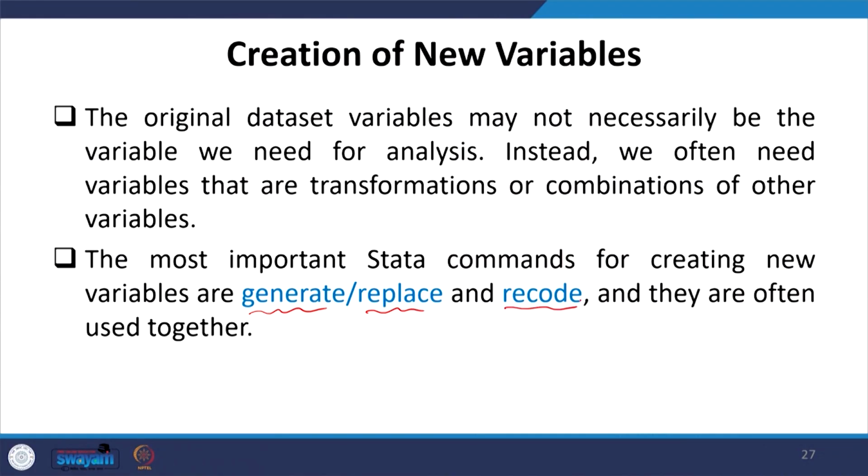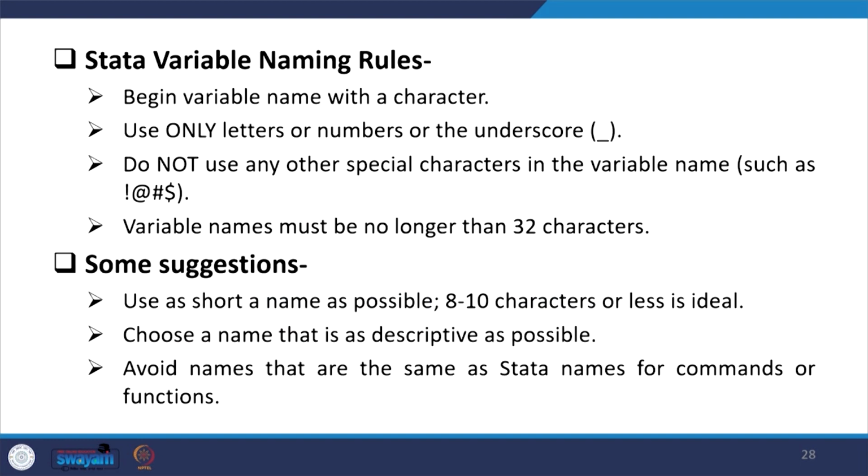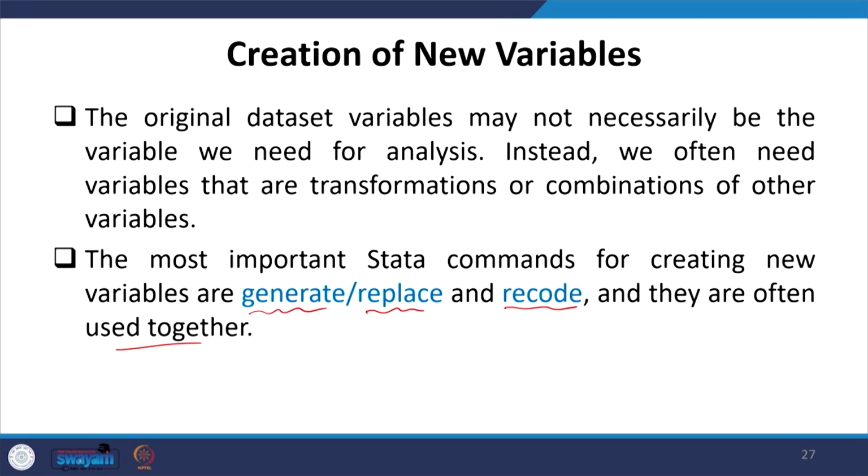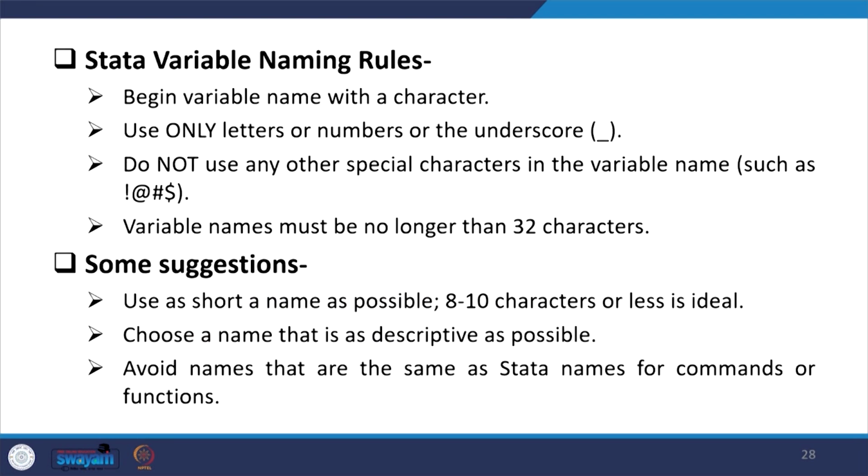The most important Stata commands for creating new variables are generate, replace and recode. These three we are going to explain, and what the differences are in each case. They are often used together, but there are certain differences. Even those who are familiar with Stata might be confused with these three. Let us understand them very clearly.